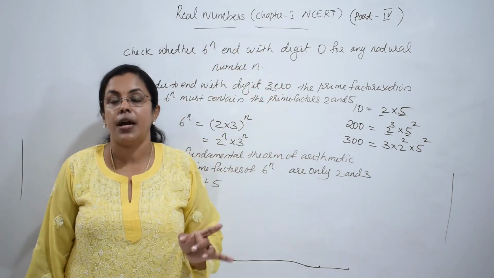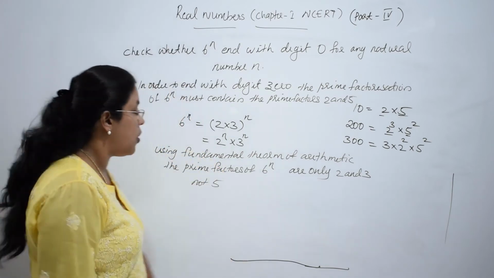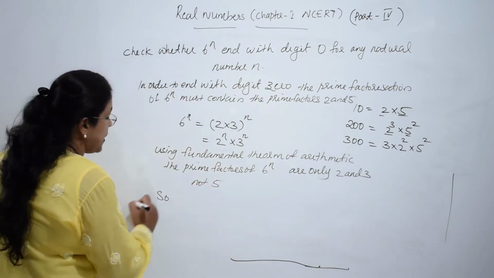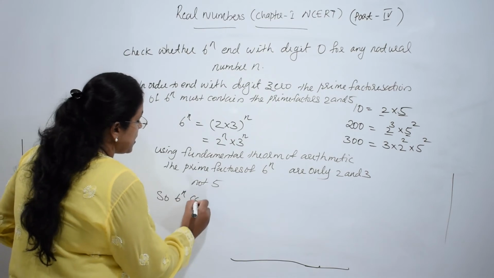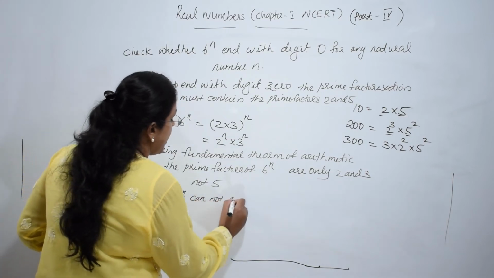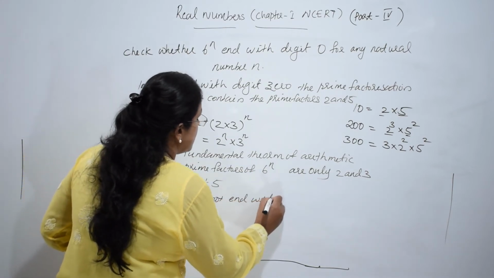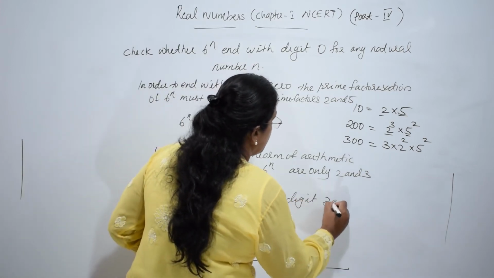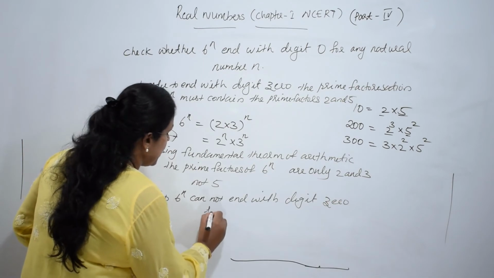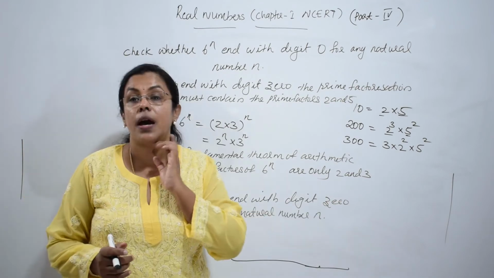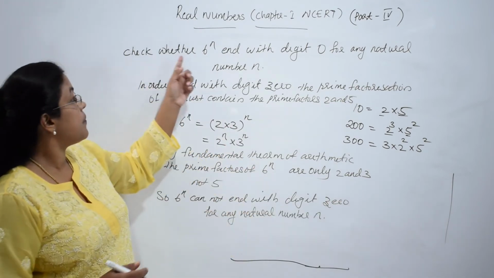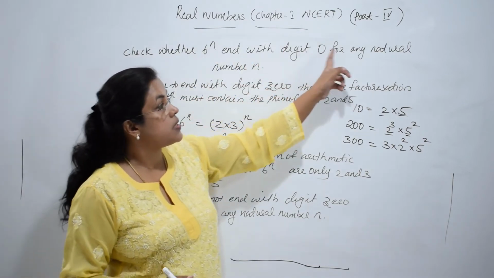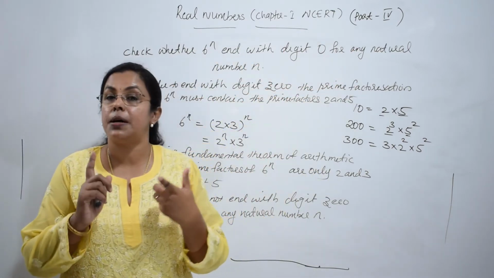6 raised to n cannot end with digit 0 for any natural number n. I am explaining it once again. Check whether 6 raised to n ends with digit 0 for any natural number n.